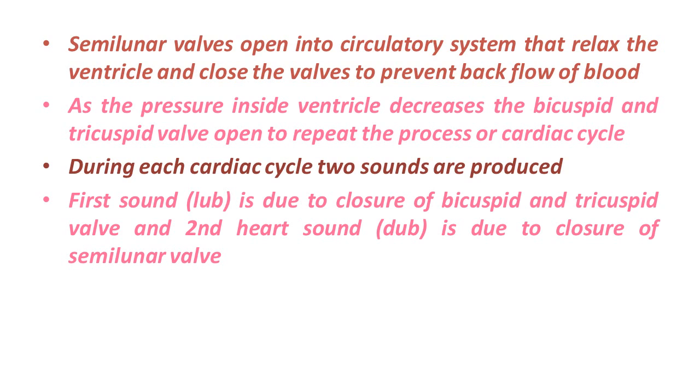It starts from the relaxation of all four heart chambers, then contraction of atria and ventricles alternately, and all these sequential events in the heart which are cyclically repeated are called the cardiac cycle. Simply, it consists of systole and diastole of both atria and ventricles in human beings.